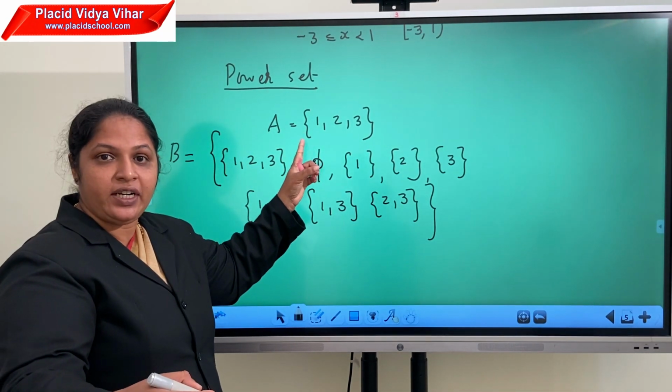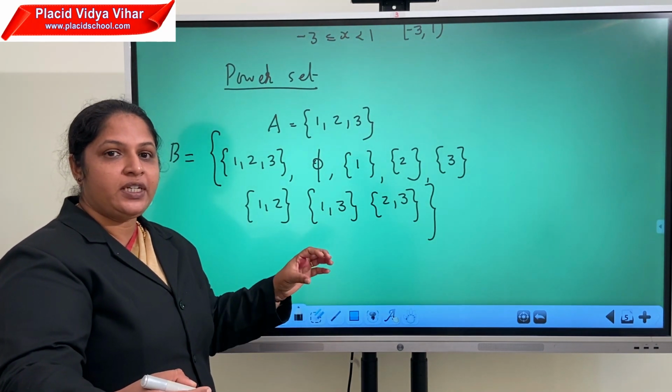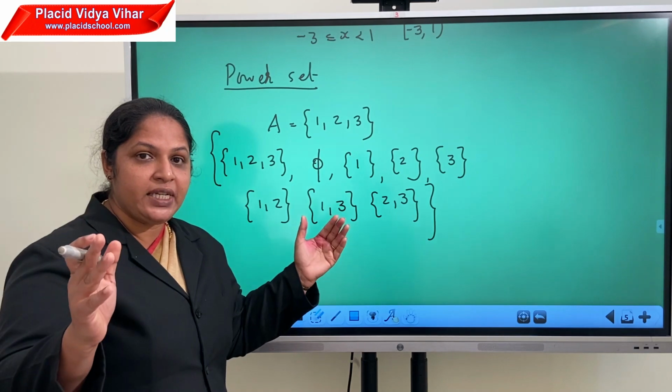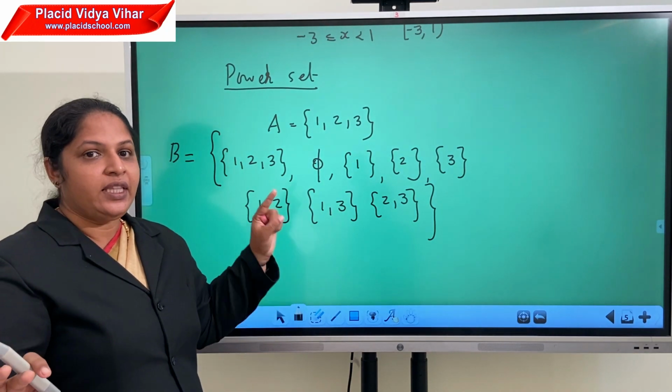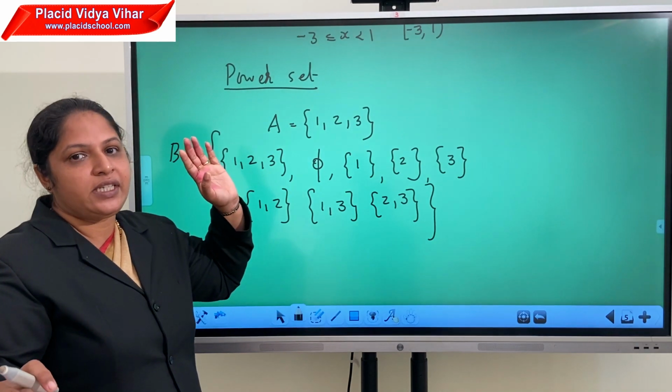A set is given. We can list down its subsets, and if we consider all those subsets as one single set, then that is known as the power set of the given set A.